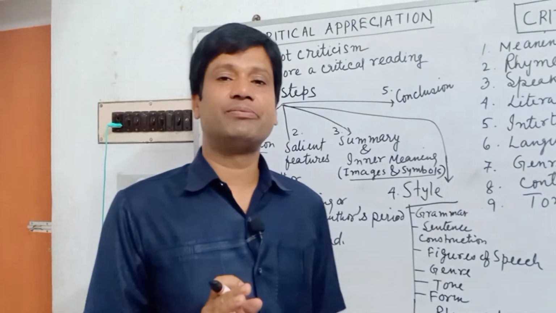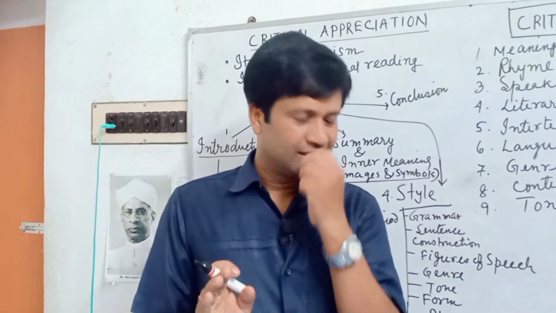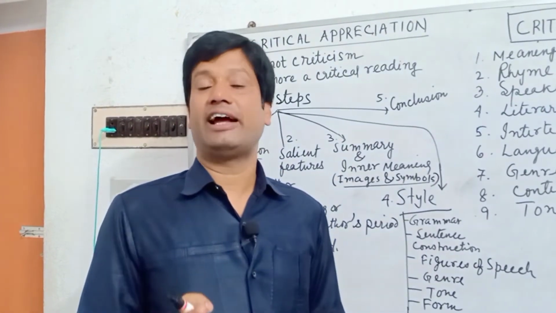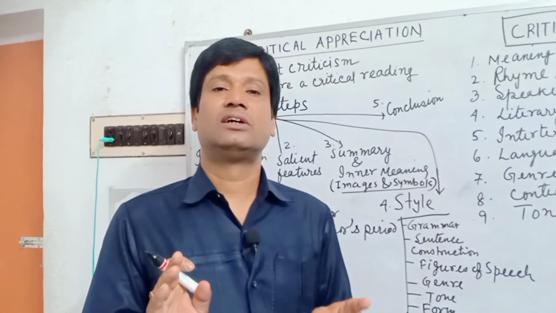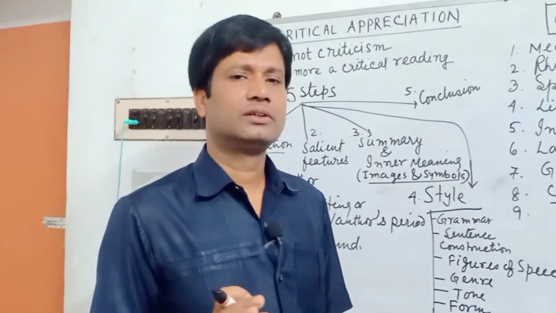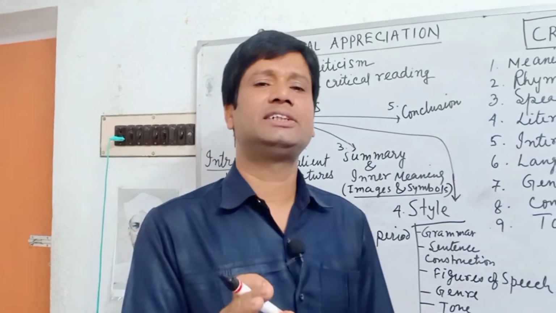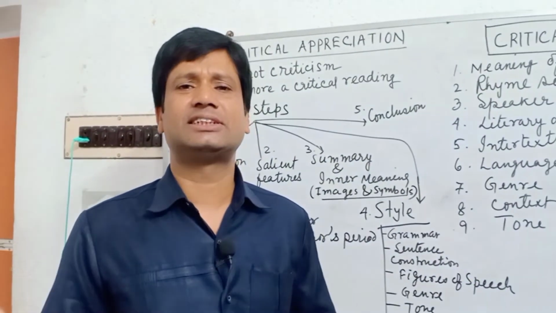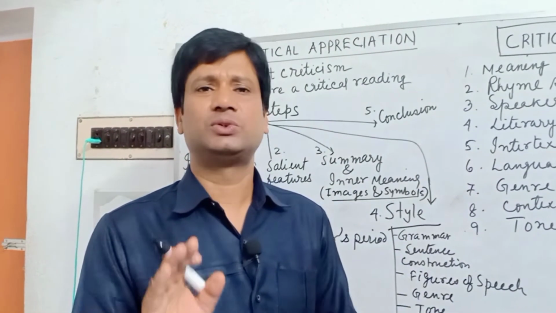Rhyme scheme, and you know that for writing a critical appreciation on a poem, you should write the rhyme scheme. Okay, for example, A B A B B C B C C D C D E E. You know how to write this.